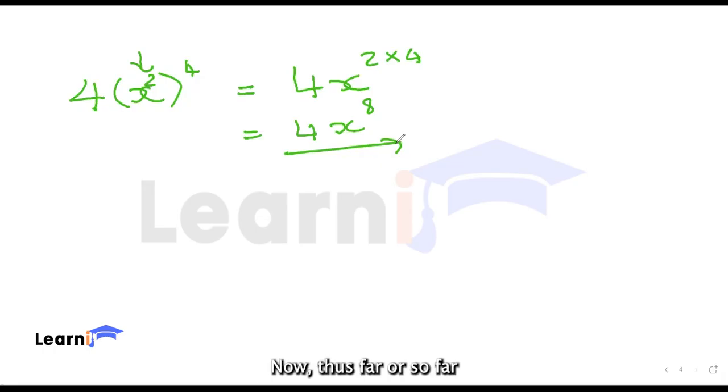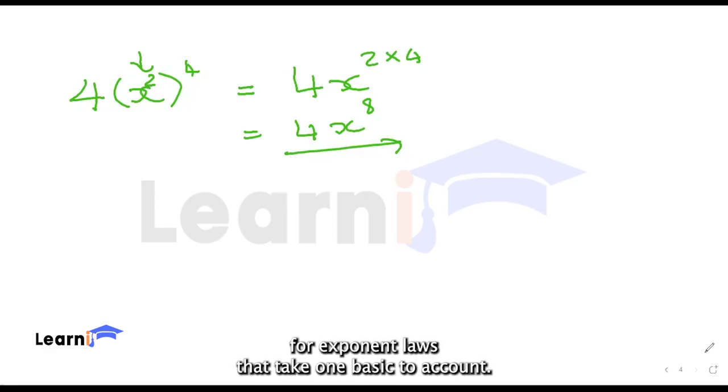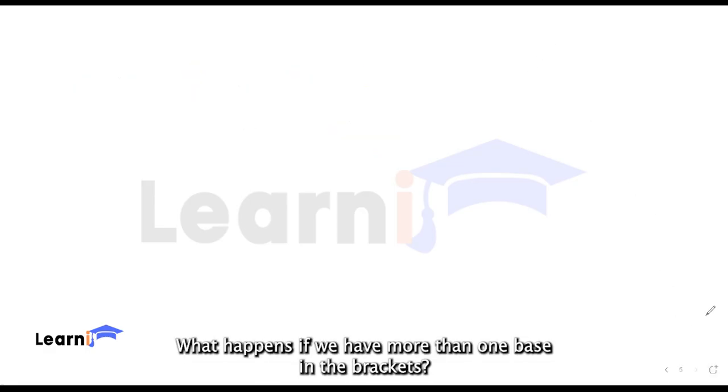Now, thus far, we have looked at questions or exponent laws that take one base into account. What happens if we have more than one base in the bracket? Okay, let's look at that.